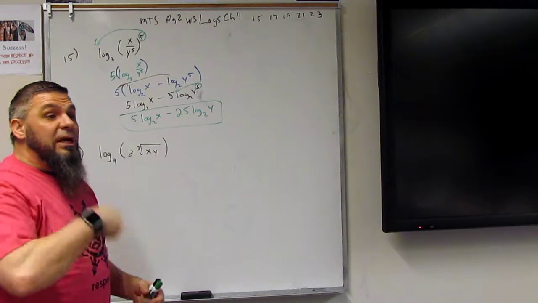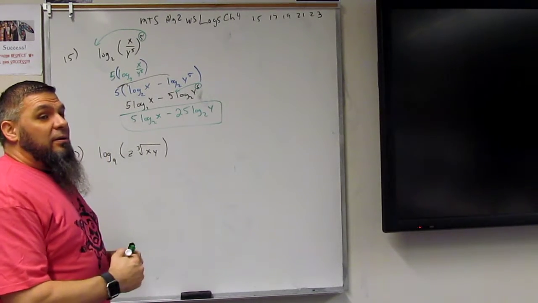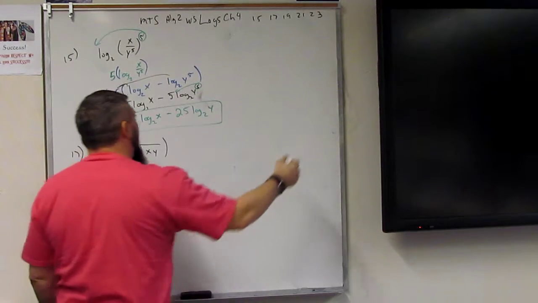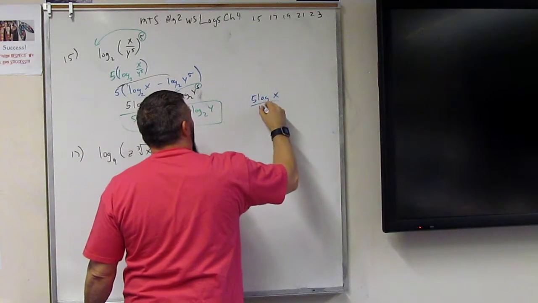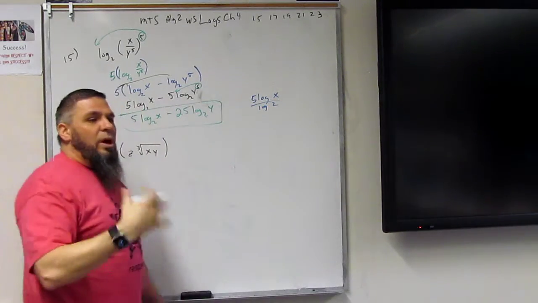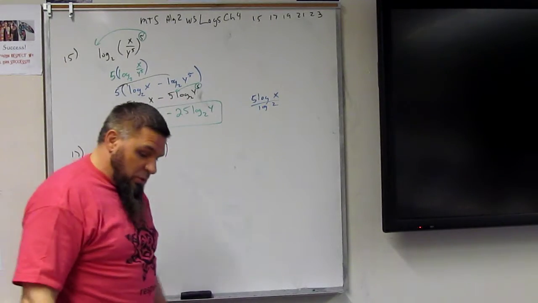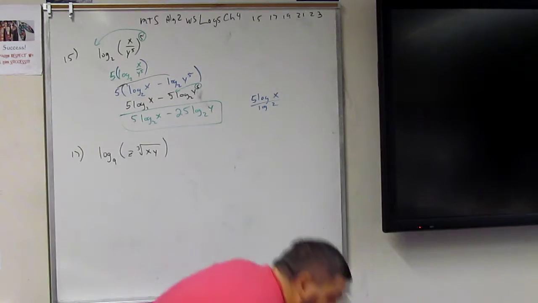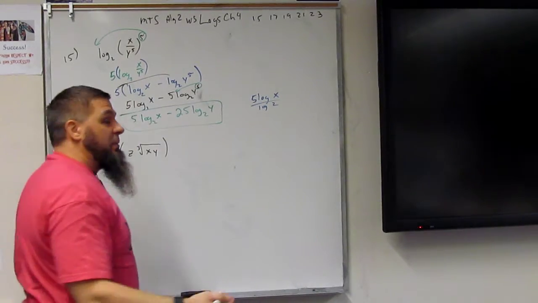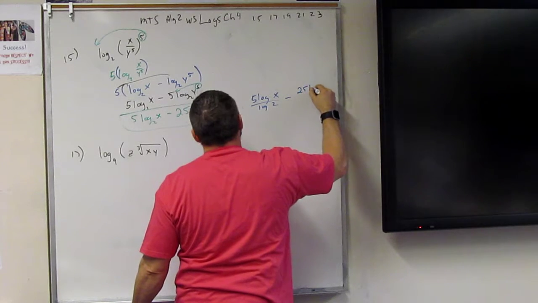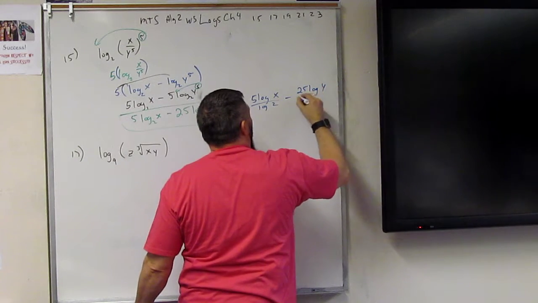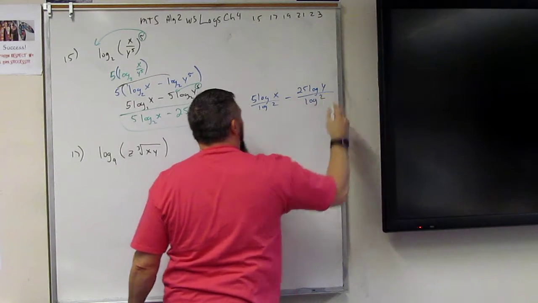I used to make the students before stretch it out a little more. I used to make them go 5 log x over log 2 because I wanted them to learn that rule, right? And what better way to learn the rule than to have to write it all the time? Minus the 25 log y over log 2.